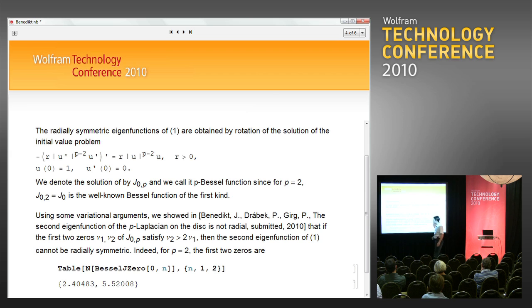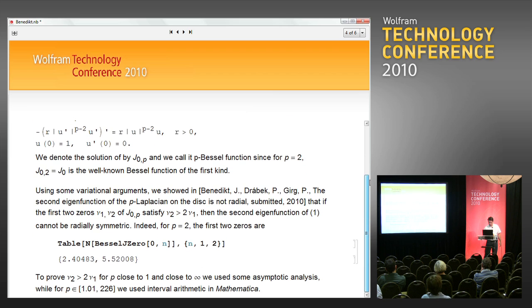So the second eigenfunction is not radially symmetric. And to prove this inequality, we used interval arithmetic. So let's first look at the case p equal to 2. The zeros of the classical Bessel J function are approximately this. So you can see that the second is more than twice as big as the first one.